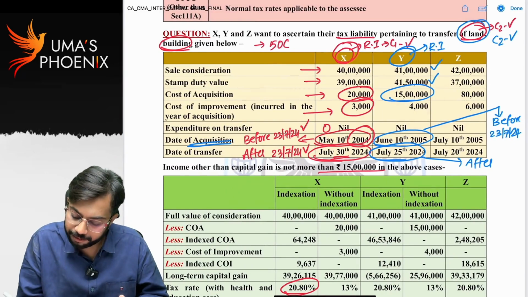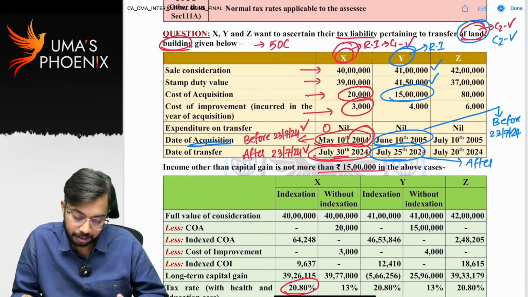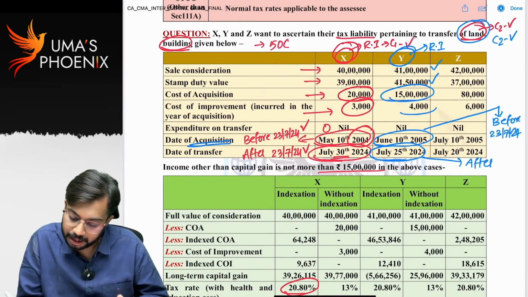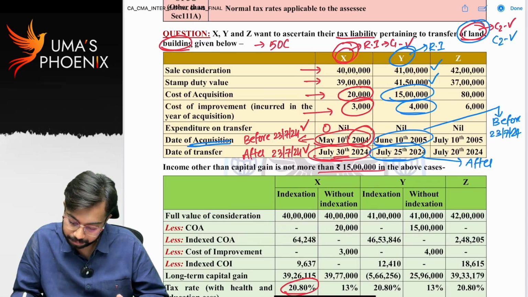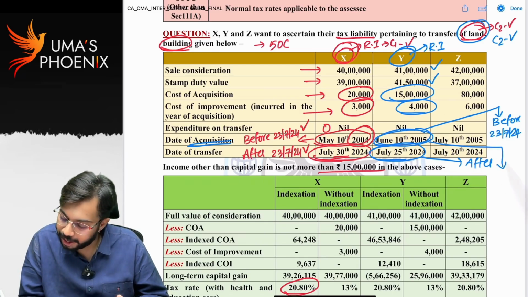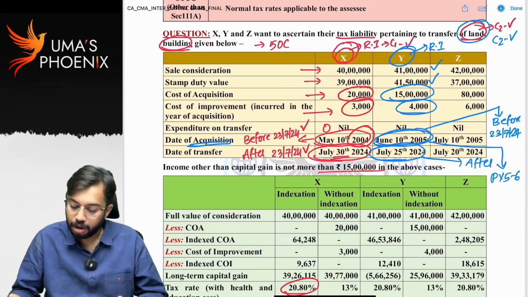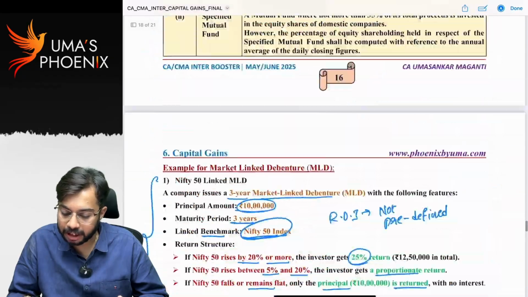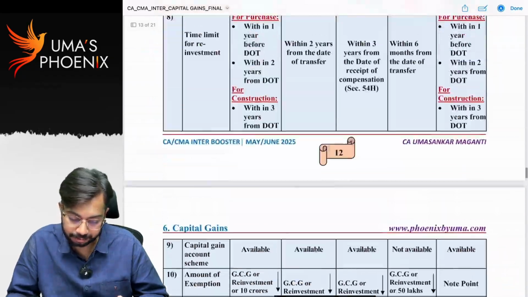Cost of acquisition is 15 lakhs. Cost of improvement is 4,000. When it was purchased, June 10, 2005, that means date of purchase is previous year 5-6, correct? So for previous year 5-6, what is the index number? Let us check.